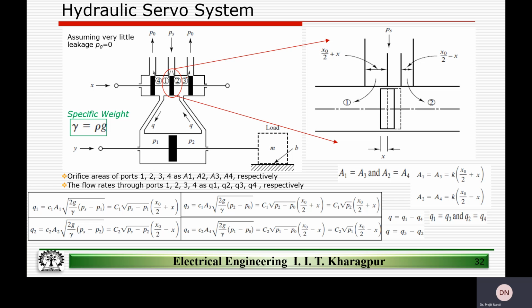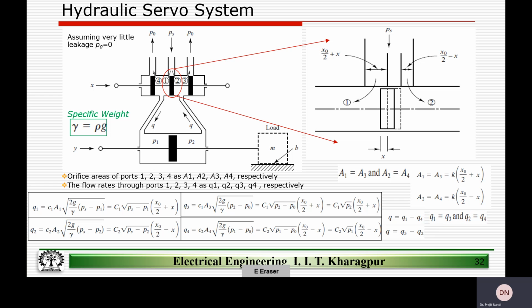The area of port 3 and port 1 are the same, and the area of port 2 and port 4 are the same, so there is an inherent symmetry in the structure. Based on these two factors, the volume remaining constant and the symmetrical structure, we can say that Q1 is equal to Q3 and Q2 is equal to Q4.